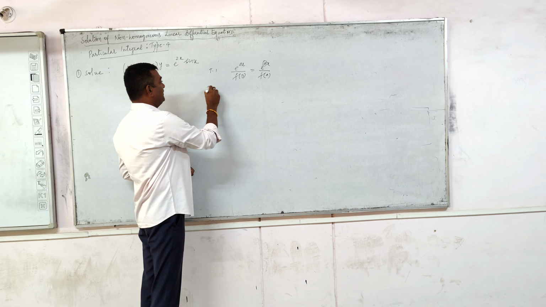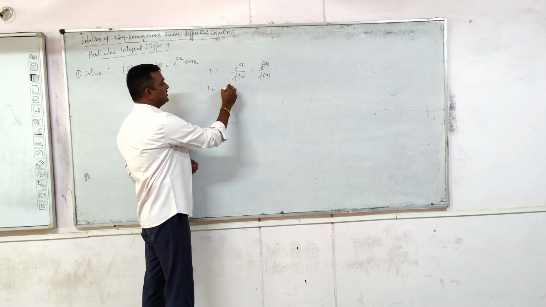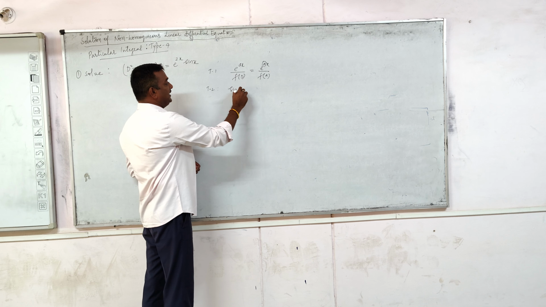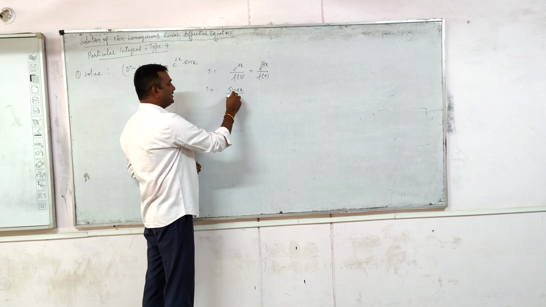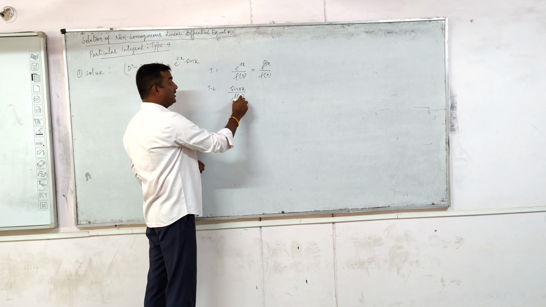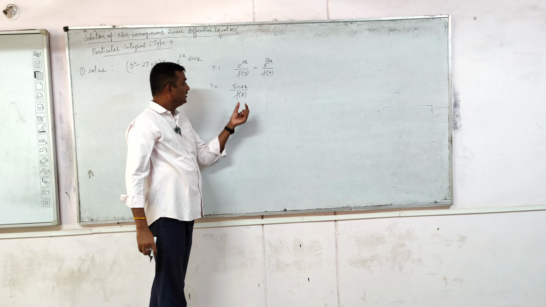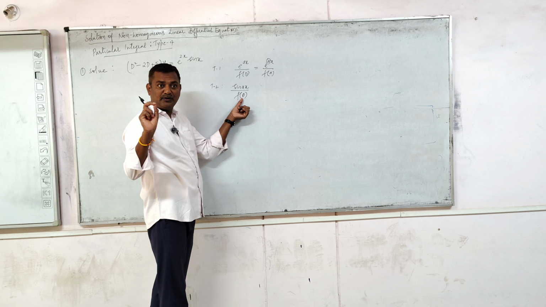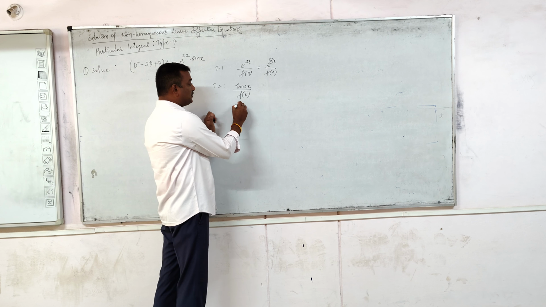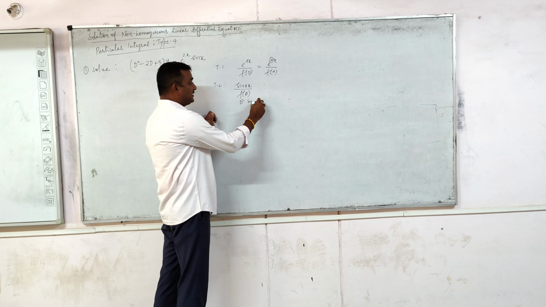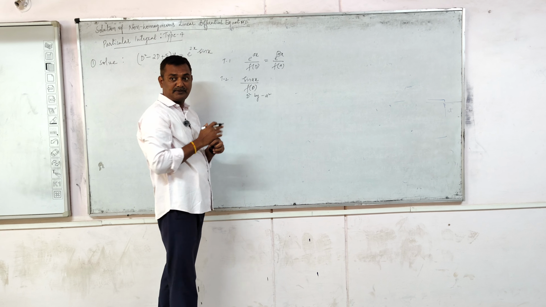What is type 2 example? Type 2 example is numerator either sin ax or cos ax divided by function of D. In this case, we are going to replace D square by minus a square to solve this.